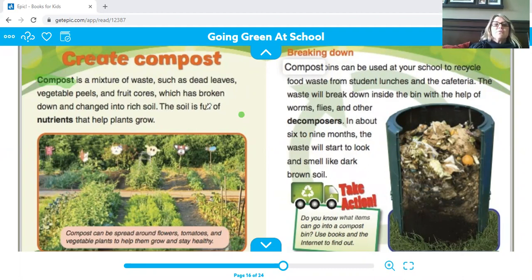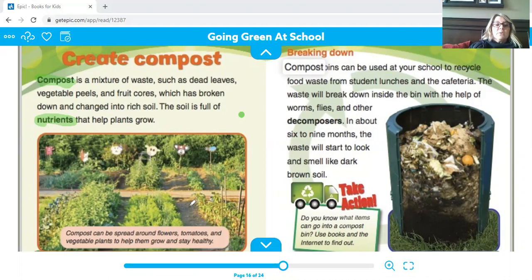The soil is full of nutrients that help plants grow. Again, I'm going to use that old strategy of looking around the word. And that tells us, look right after the word, and it says it's what helps plants grow. I also like to use context clues to help me find meanings of words.